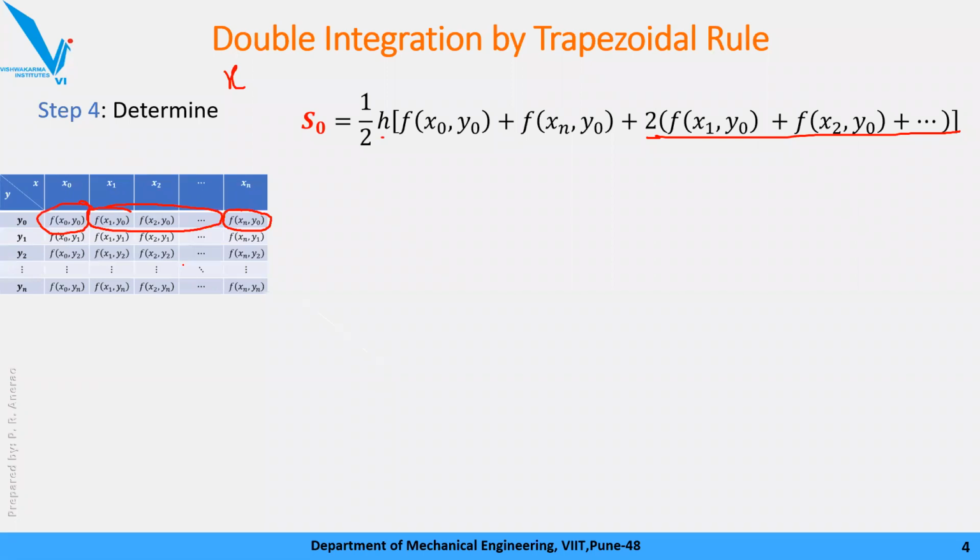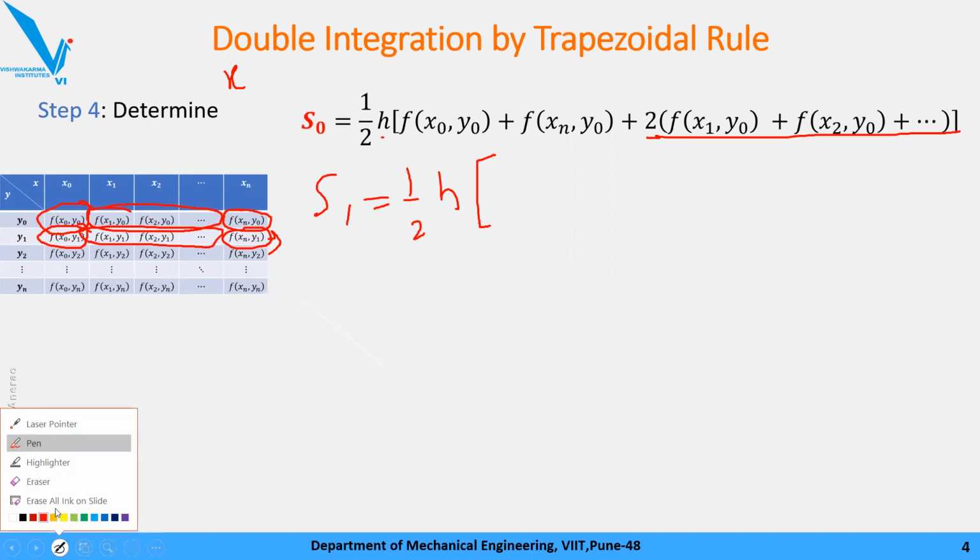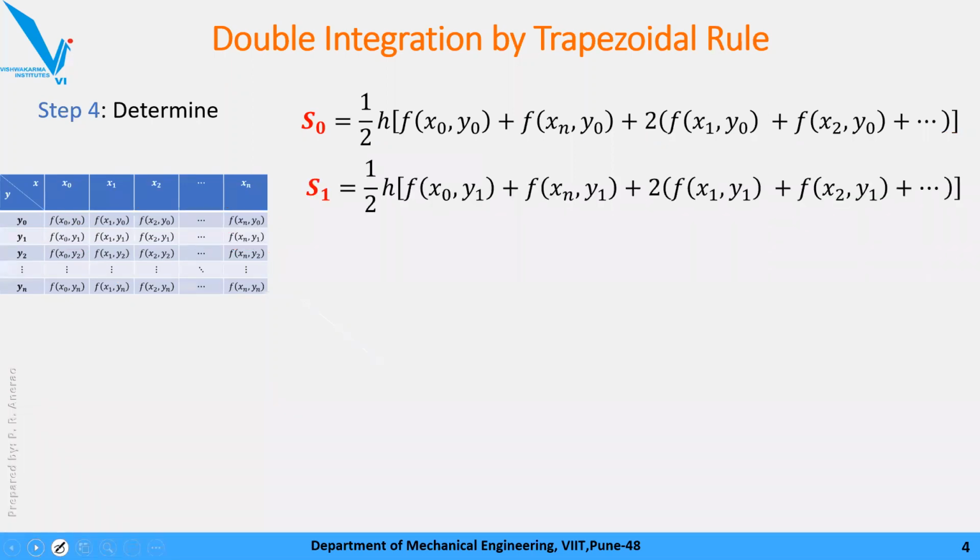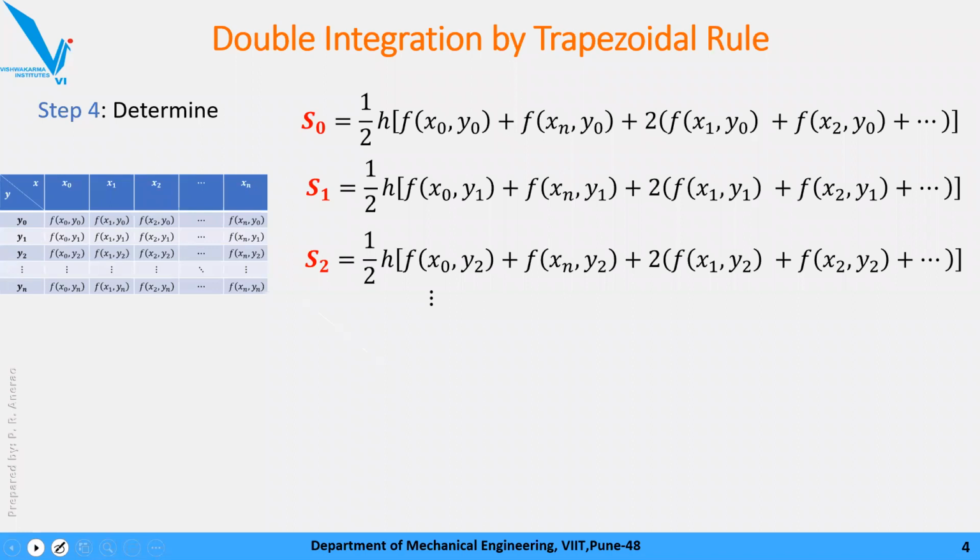Okay, so using this same method we will switch to the next row. Now for row number 2, see what happens. S1 equal to 1 by 2 times H, then the first value plus the last value plus 2 times the summation of the remaining values, and so on.